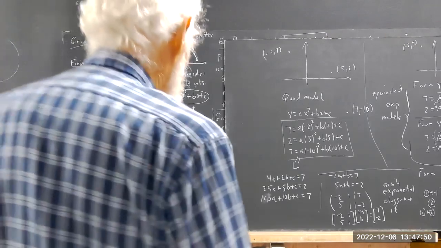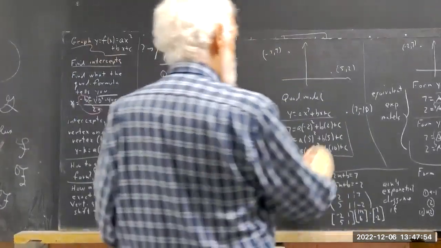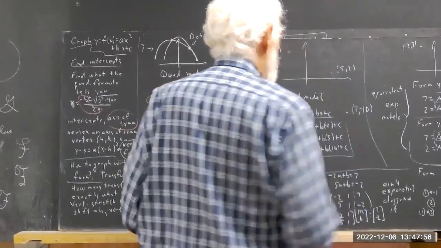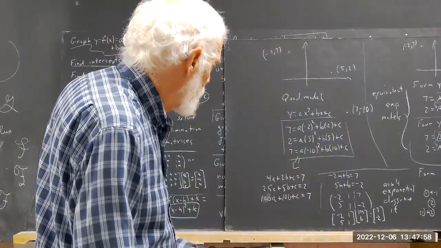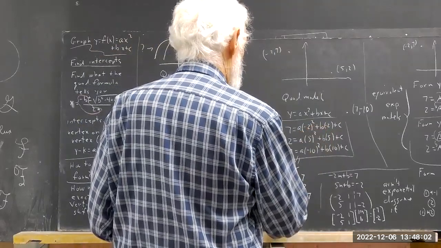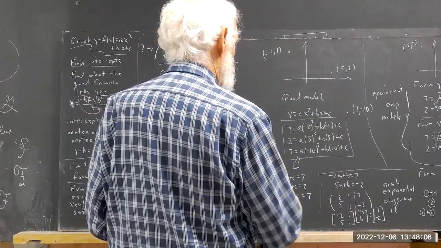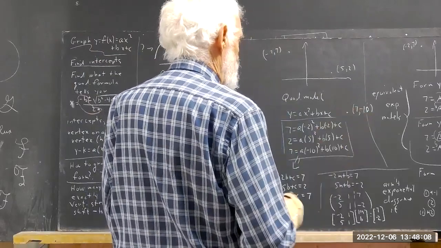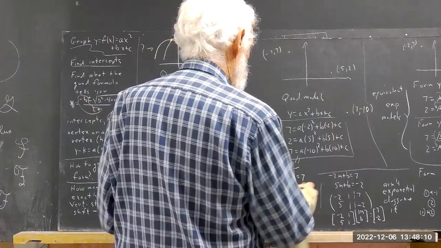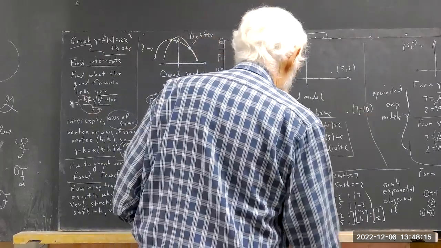A couple things I need to fix here in my clerical abilities. It should be minus 2 there. And 7 and negative 10, so this equation was all wrong.